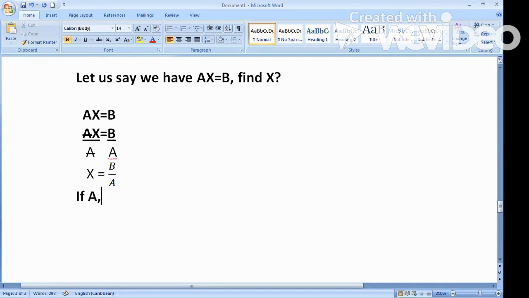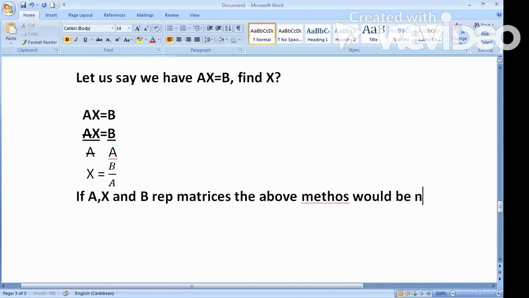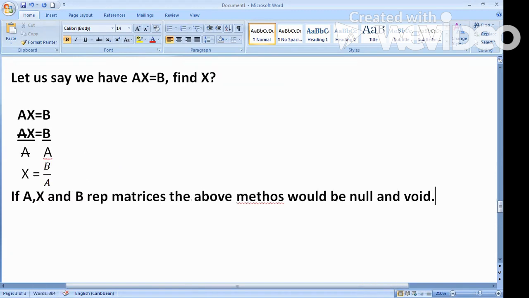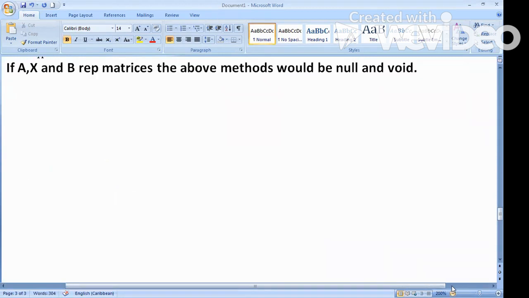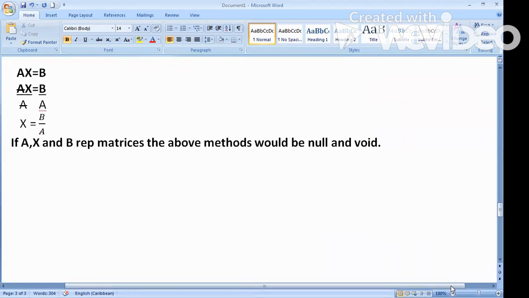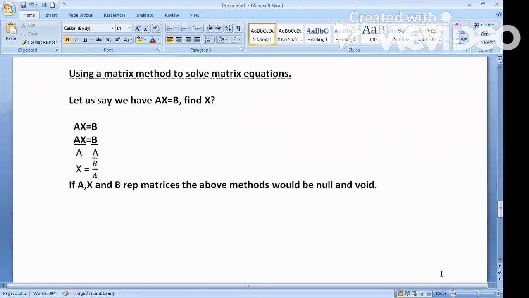The above method would be null and void if they represent matrices. Now, if A, X, and B are matrices, how do we approach solving for X?